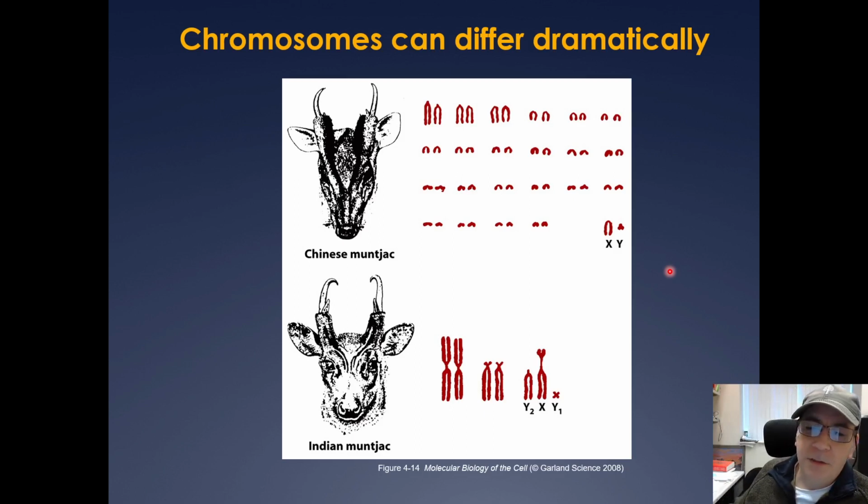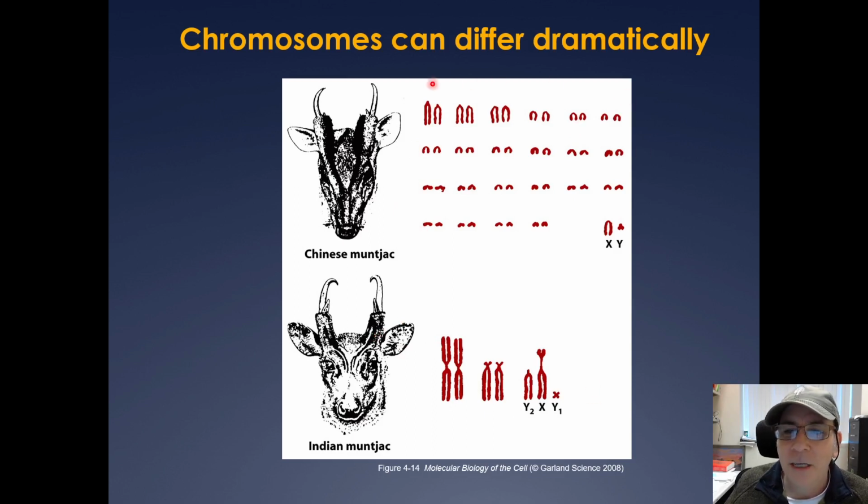This is kind of an interesting slide. It's more for just your enjoyment than anything else, and it just goes to show that even organisms that are very similar can differ. So here you have the Chinese muntjac and an Indian muntjac, coming from the same continent, separated only by a mountain range. They can diverge in their chromosome structure.